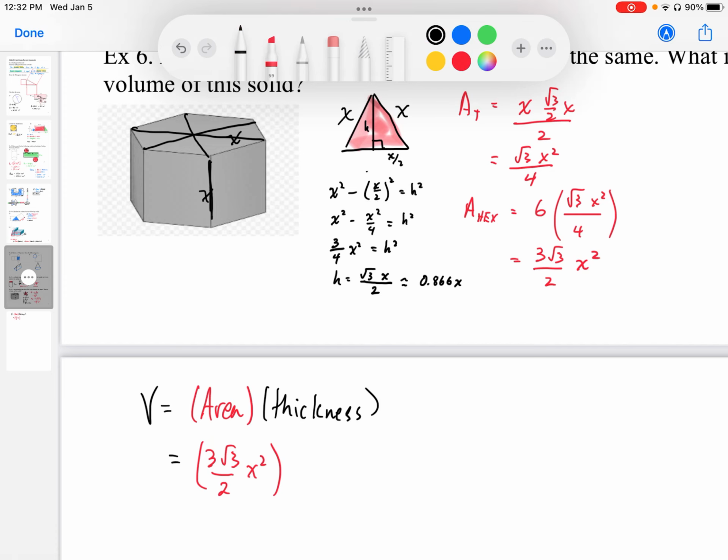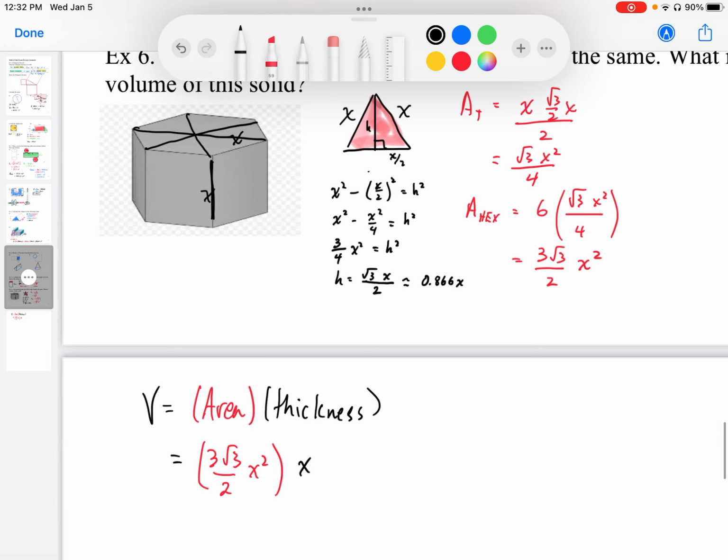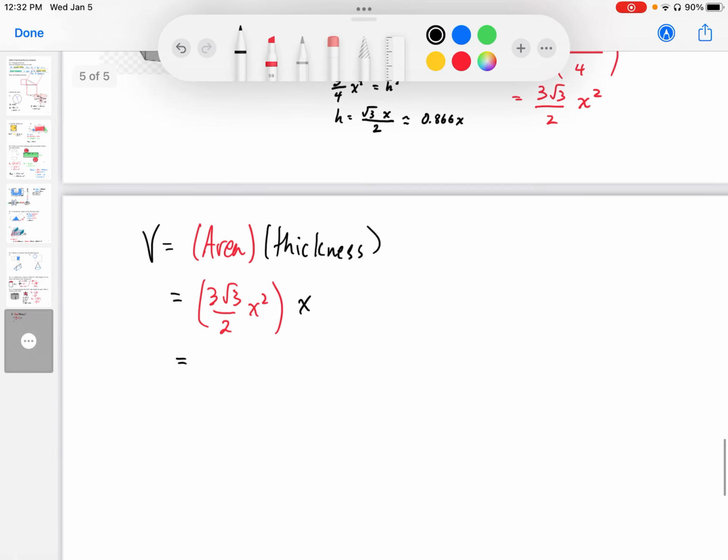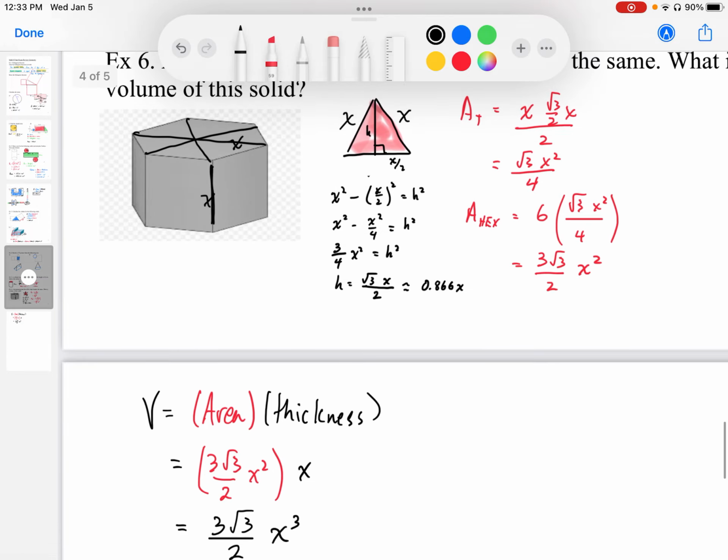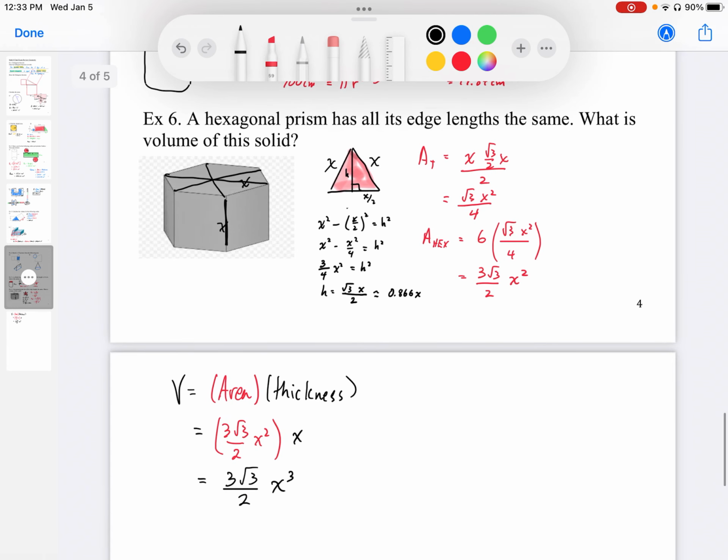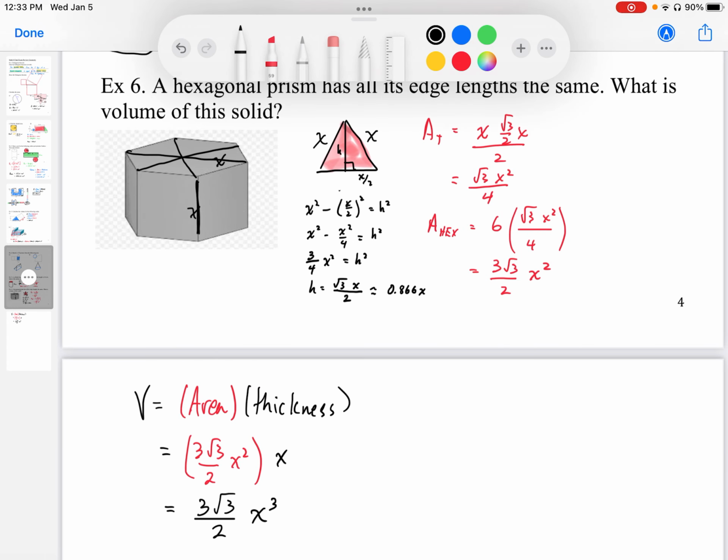That thickness is this line here, which is this x. So the volume works out to be 3 root 3 over 2 x cubed. This represents the volume of that solid if all the edges and lengths are the same.